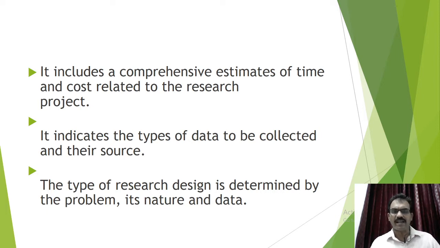Which different types of research there are, we have already discussed. The type of research design is determined by the problem identified by the researcher, the nature of the problem, the data required for the research, etc.